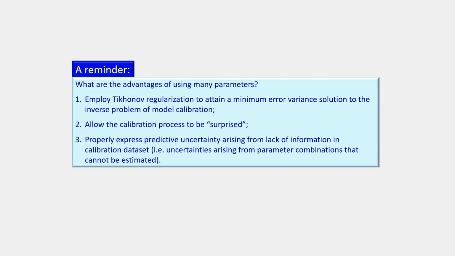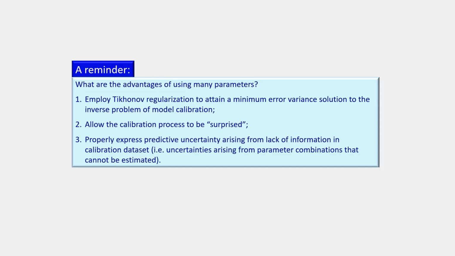Also, as we've discussed, using lots of parameters gives us the ability to analyze the uncertainties of predictions made by a model. If a prediction depends on parameter components or parameter combinations that are inestimable through the calibration process, then the uncertainties of those predictions will not be reduced much at all through the history matching process.